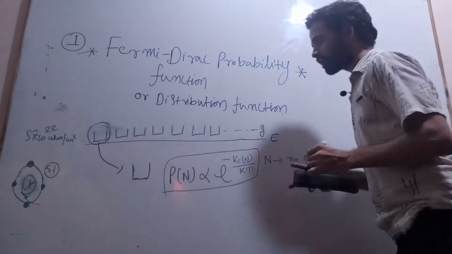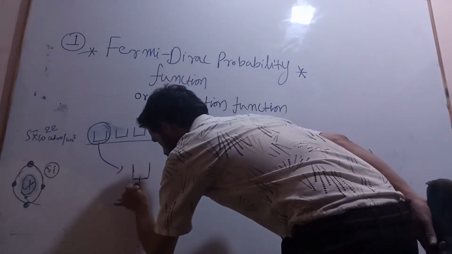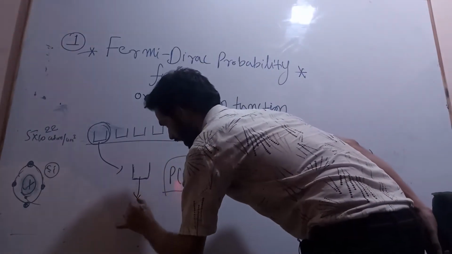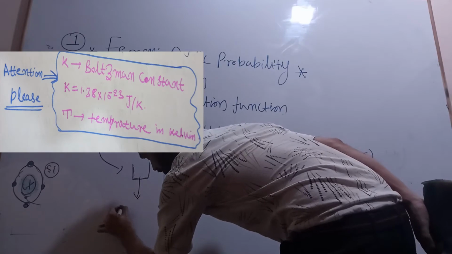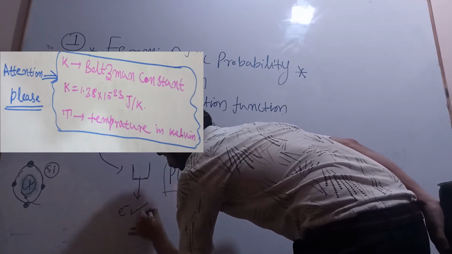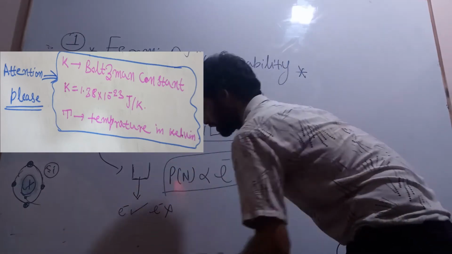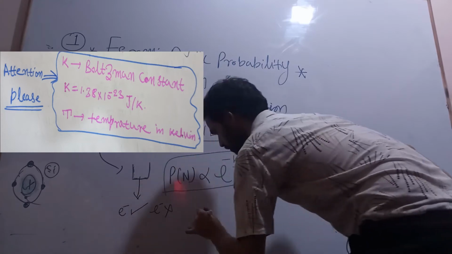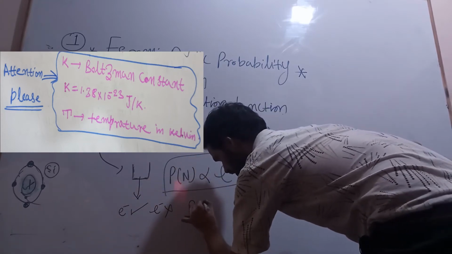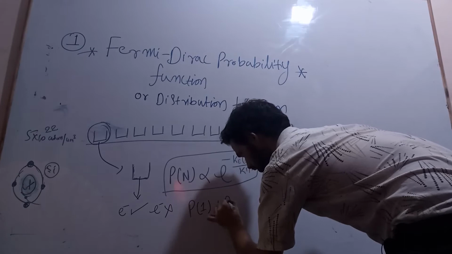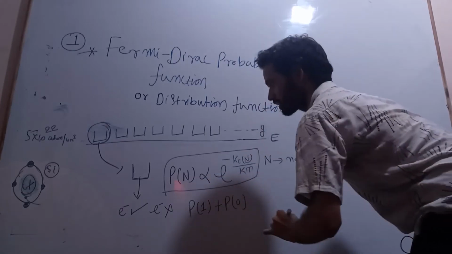Now we will focus on this: this quantum state either has an electron or does not have an electron. If the electron is there, the probability is 1, plus if the electron is not there, the probability is 0.